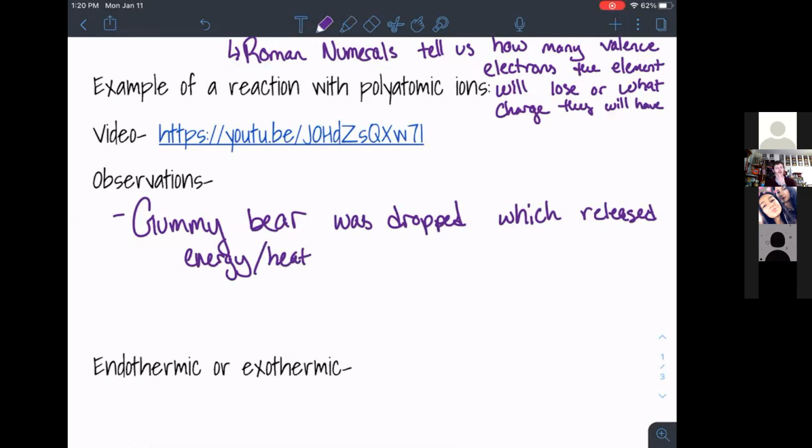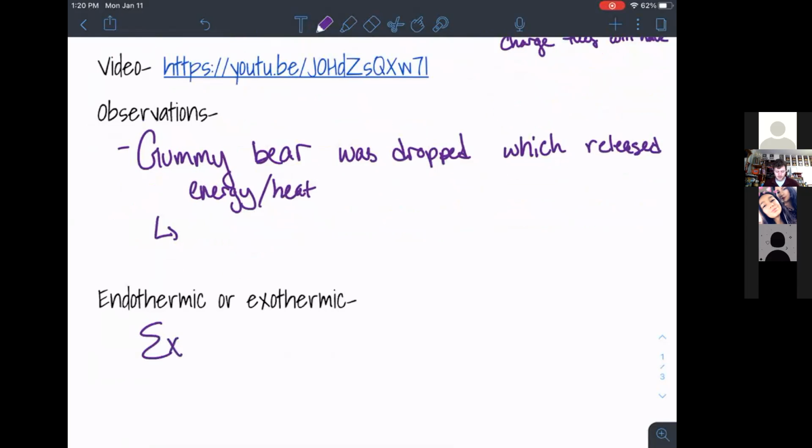All right, so we saw the gummy bear drop, and we saw energy being released or heat being released, and we saw that being released in what way? An exothermic way. All right, it was exothermic.